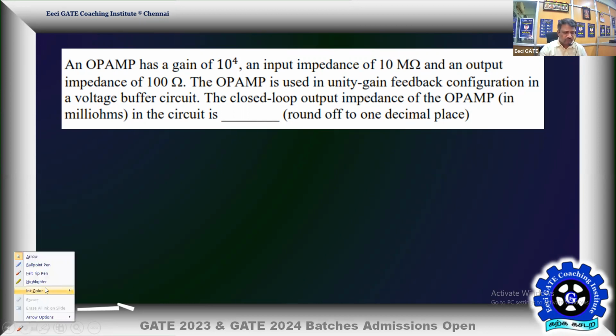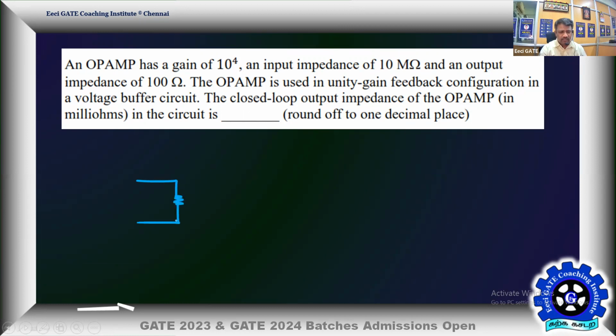That means, what is the configuration given? So we have an op amp with a gain of 10 power 4. So the configuration is this. That's your op amp first. This is the VD, non-inverting terminal, inverting terminal.